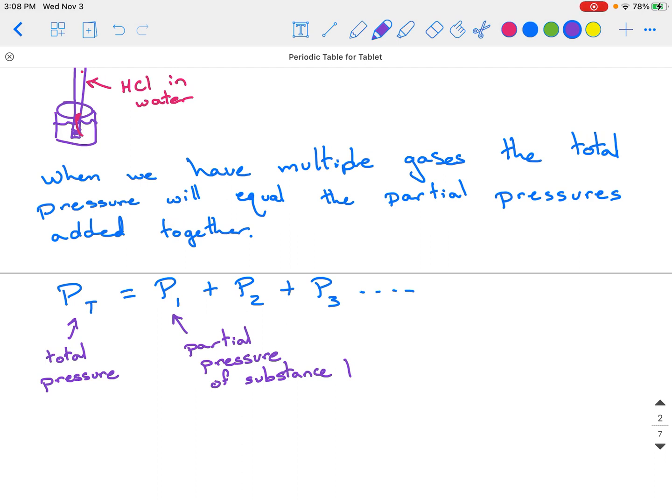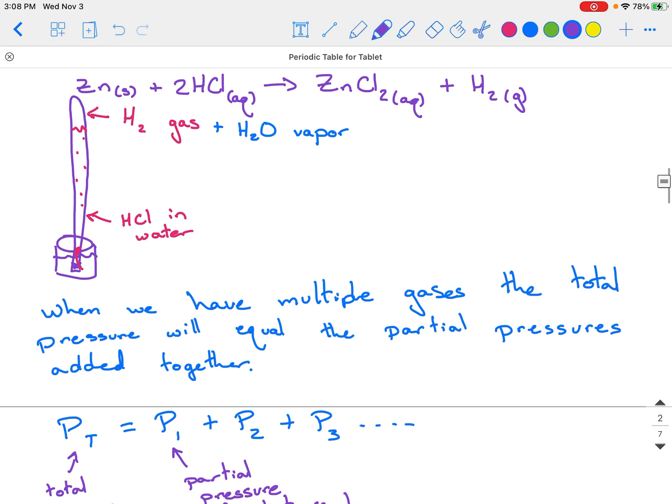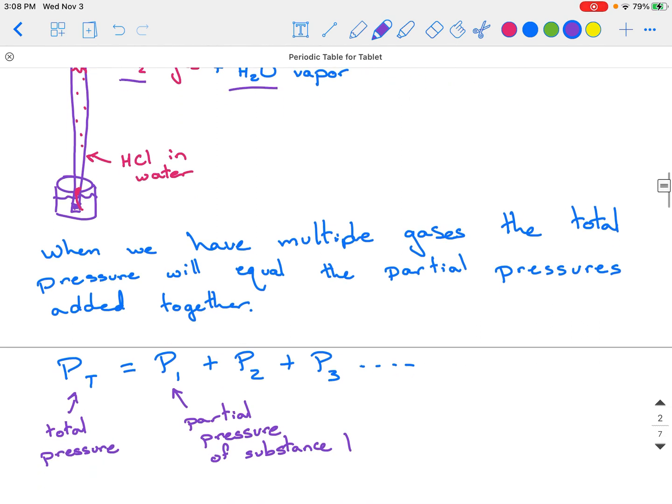P2 is a partial pressure of substance 2. P3 is a partial pressure of substance 3. Honestly, it doesn't matter how many of these you have. You can add up as many different gases as you have in there to look at partial pressures. In the case of our lab on Monday, you'll see that we just have H2 and H2O. There'll just be 2. This is called Dalton's law.